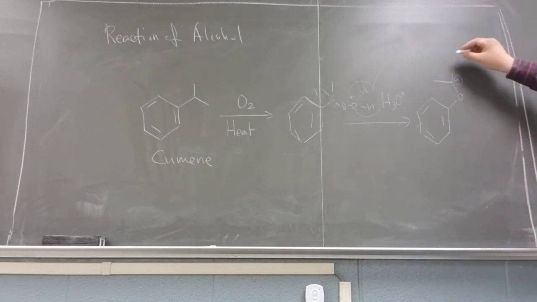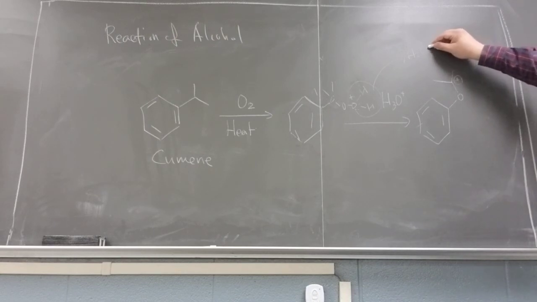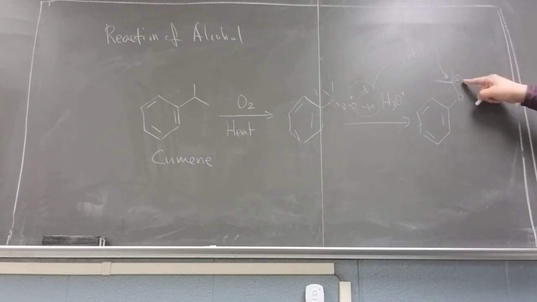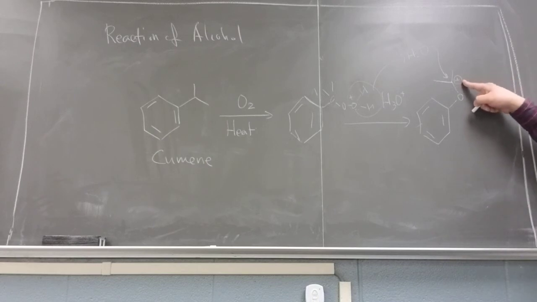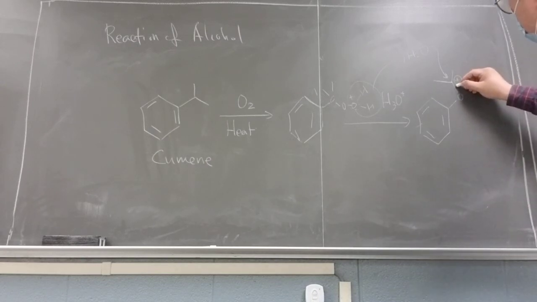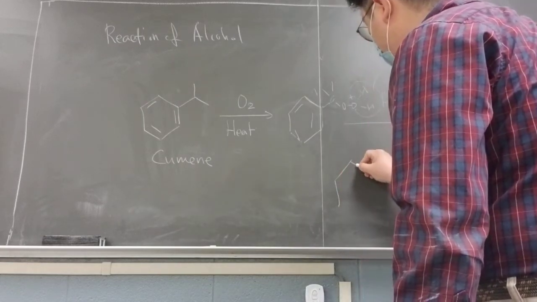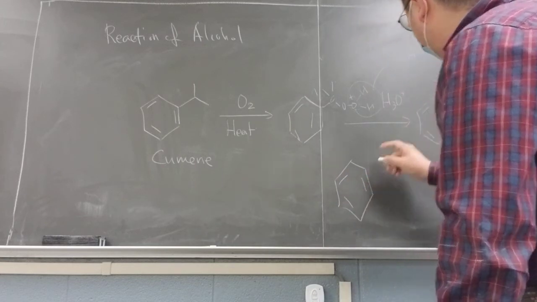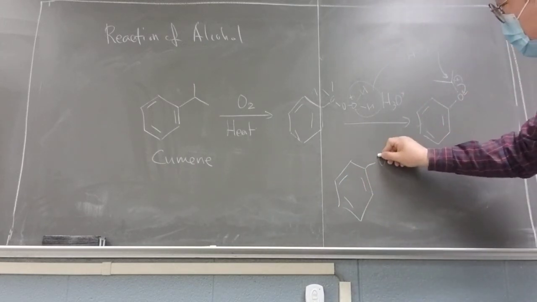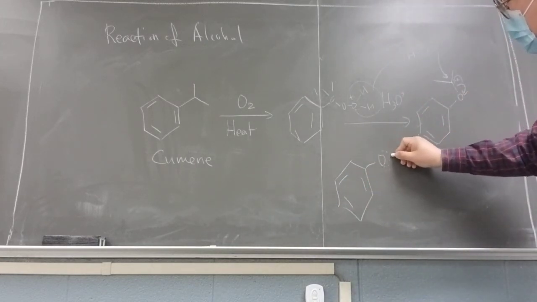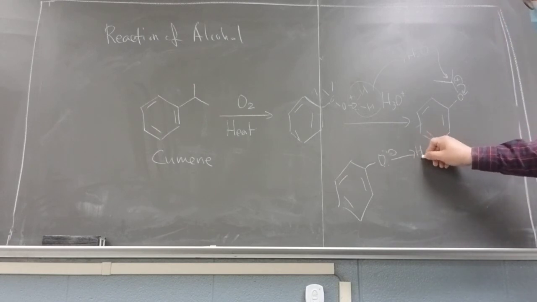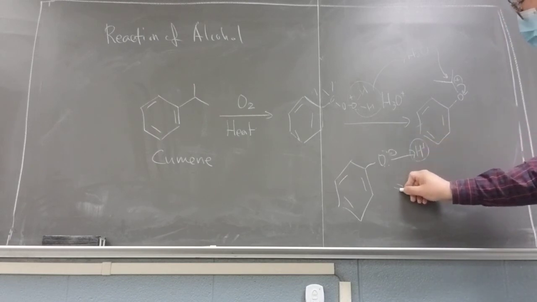And then water actually comes to here because it's a positive charge. And then this goes to there. And then what happens to this one here is, once they become negative charge, it can grab the hydrogen cation and become phenol.